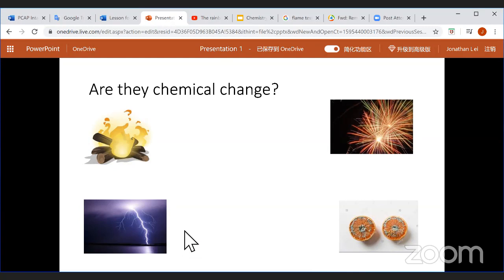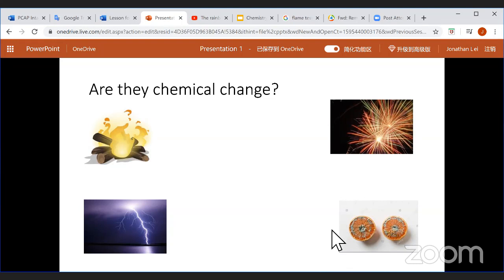Yes. Okay. How about orange goes bad? Is it chemical change? Physical. I think it's chemical. Right. What kind of new substance do you think it produced?